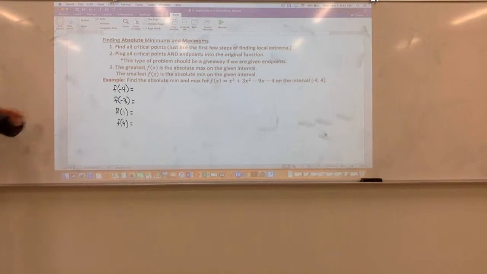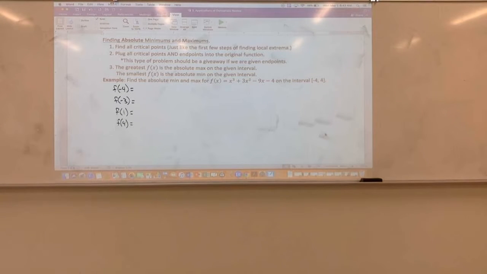These are the only possible places where an absolute min or max could occur, either at a critical point or an endpoint. So I just need to test these 4 options. Whichever one gives me the greatest value is the absolute max. Whichever one gives me the smallest value is the absolute min.